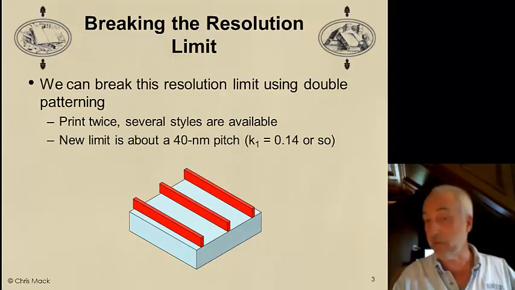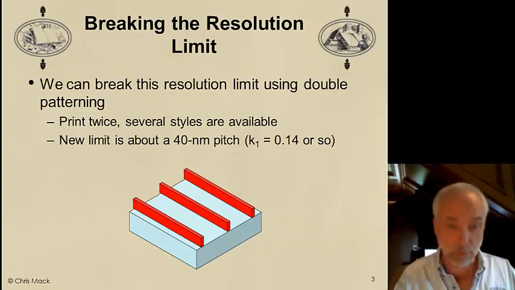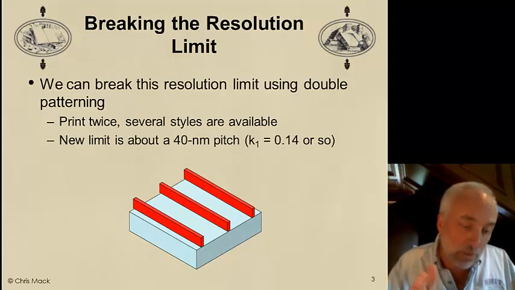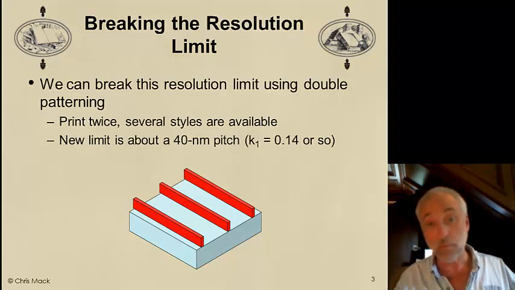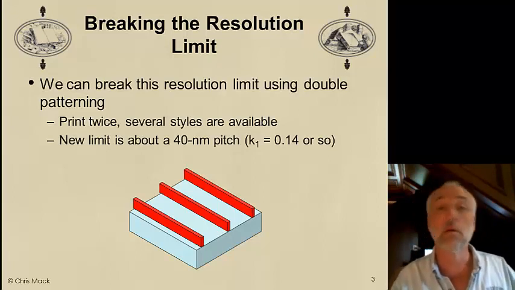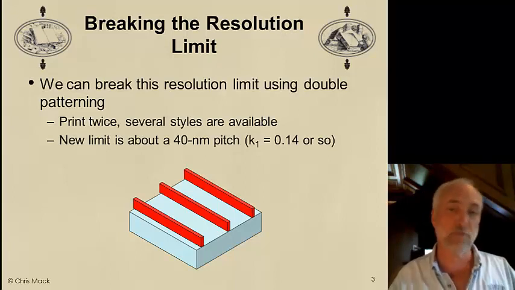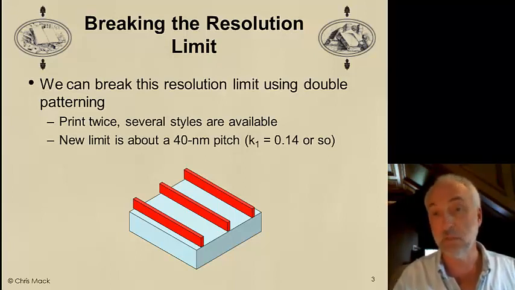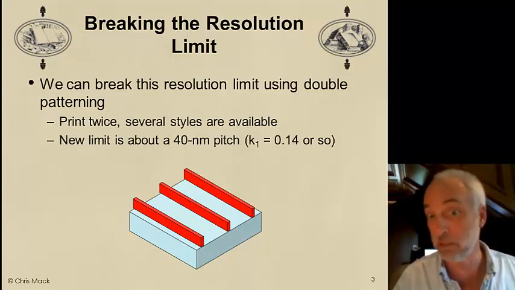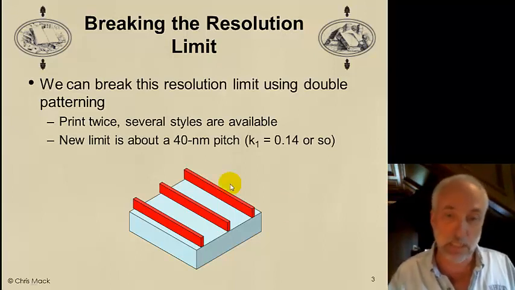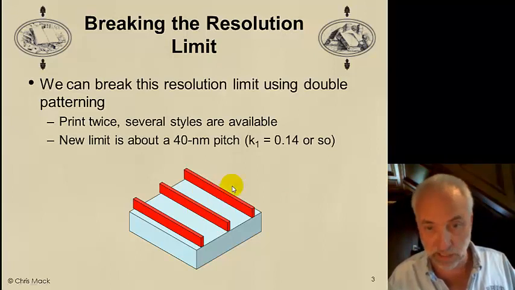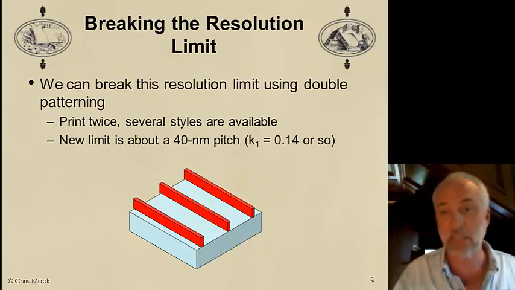So for example, if I overexposed or if I use some kind of a trim process with a plasma etching to shrink these lines down, I can actually print lines that are much smaller than the minimum half pitch. So if the minimum half pitch is about 40 nanometers, I might be able to print lines that are more like 20 nanometers. So a 20 nanometer line with a 60 nanometer space, line 20, space 60, and pitch would be at its minimum of 80.